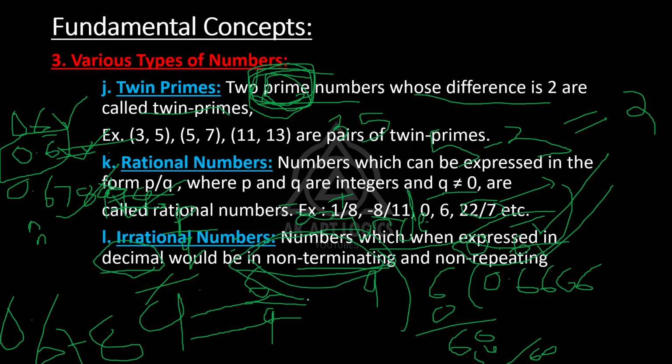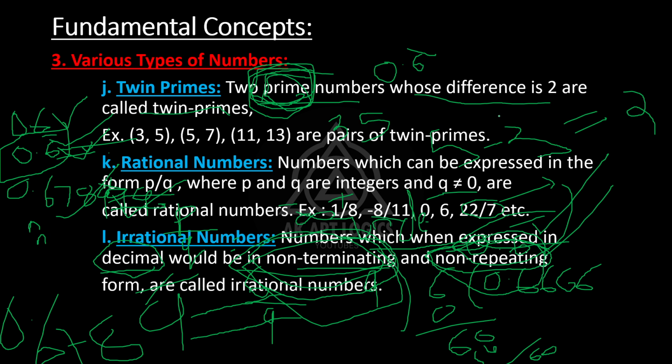Non-terminating means it shouldn't have any ending. And non-repeating. Non-repeating means it shouldn't have any repeating value. In decimal, it shouldn't have any single value repeating up to infinity, as we have seen in the case 0.6 bar. You shouldn't have any case like that. So those numbers will be irrational numbers.